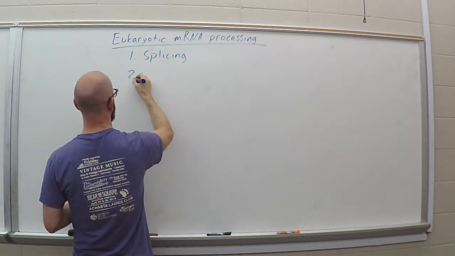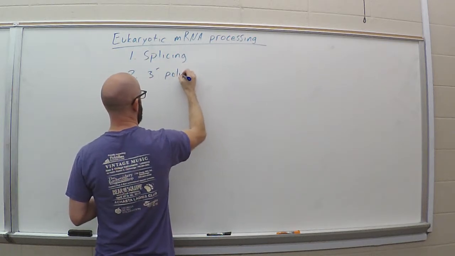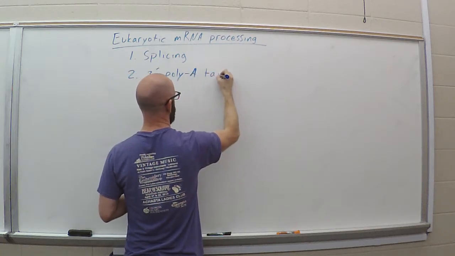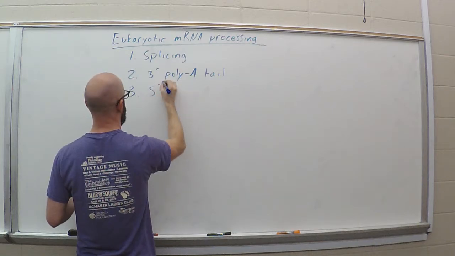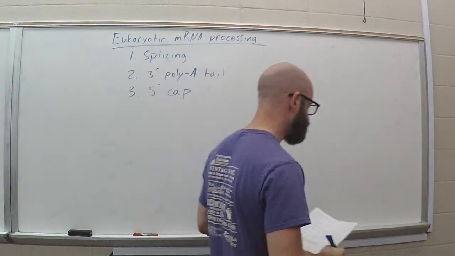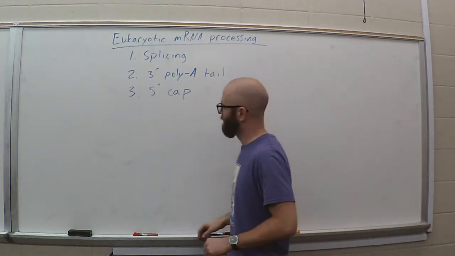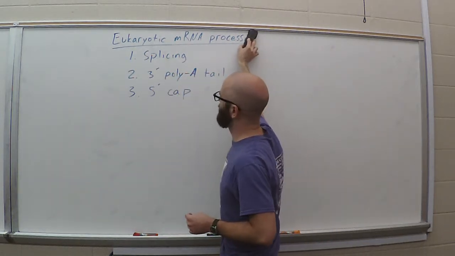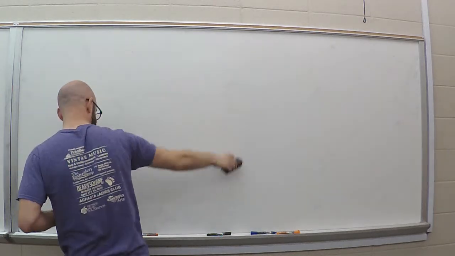Another is called a 3' polyadenosine tail. And then you've got a 5' cap. All right, so these are the three processing steps, and we'll go into a little bit of detail about each one of them. And we'll start with splicing.